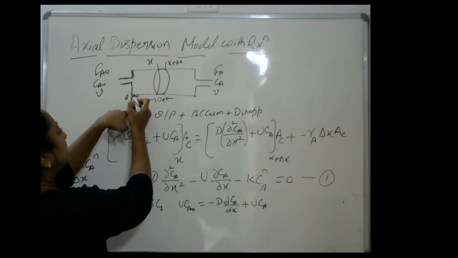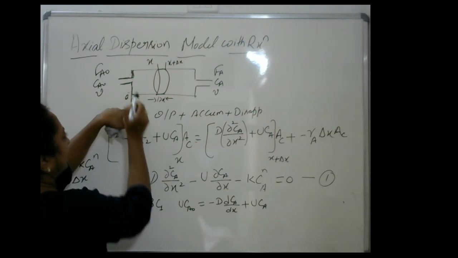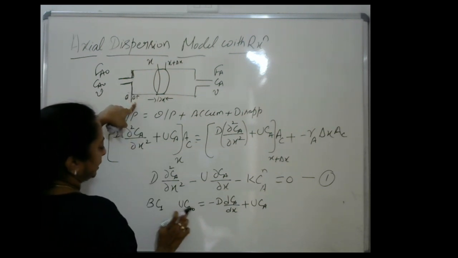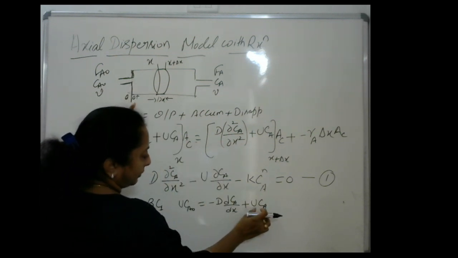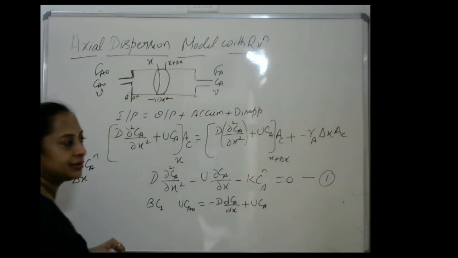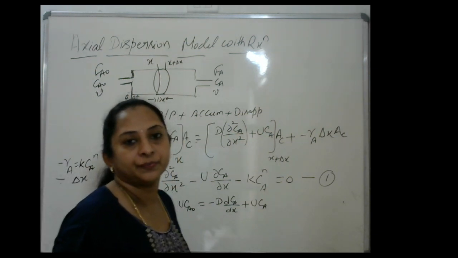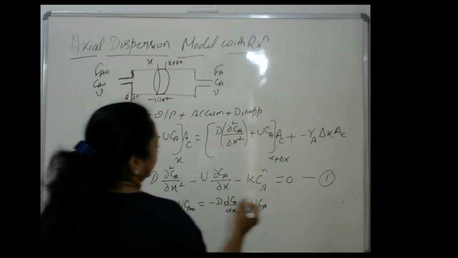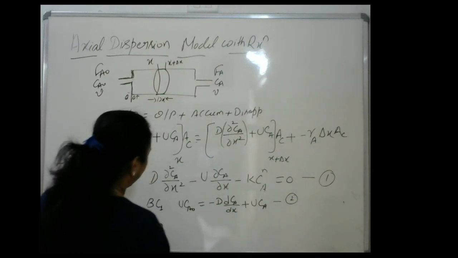As soon as it enters, there is some dispersion already present here, and along with that, u Ca is also coming out. Along with u Ca, there is also dispersion, due to molecular diffusion as well as convection. So this is your first boundary condition.